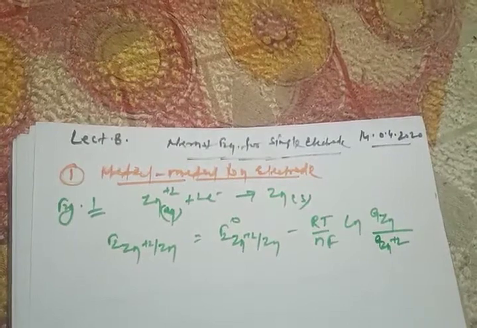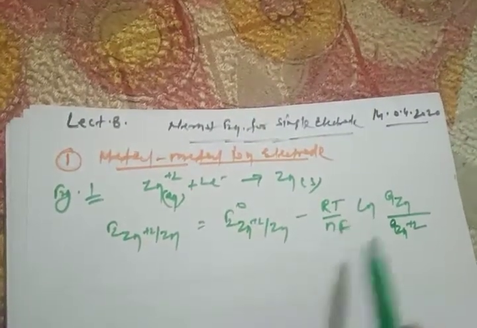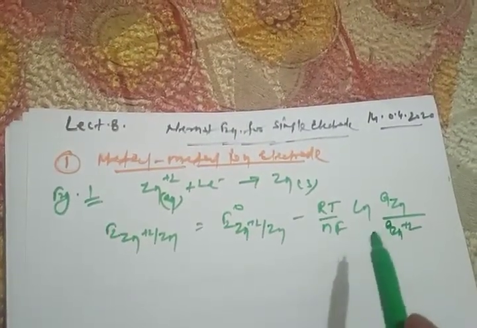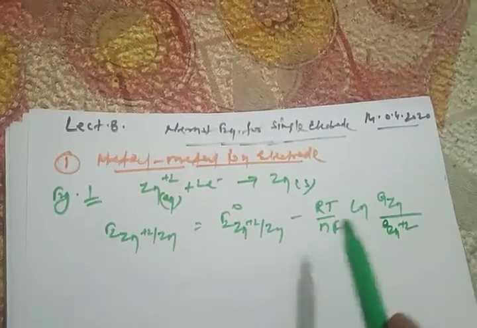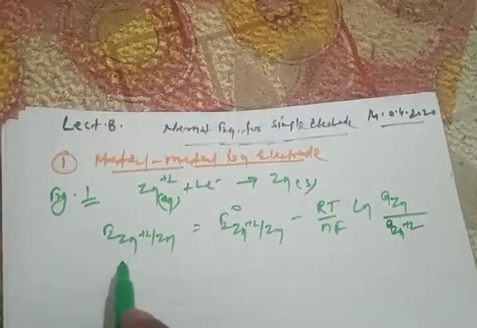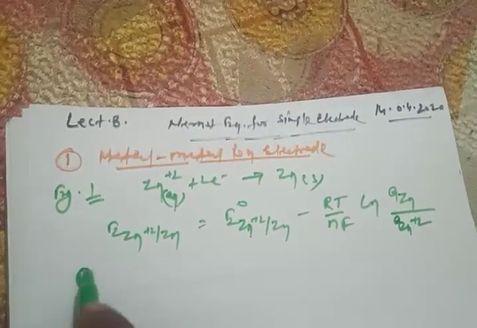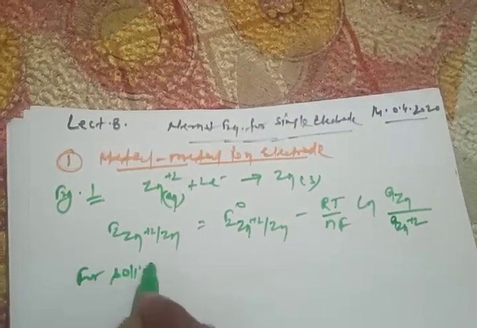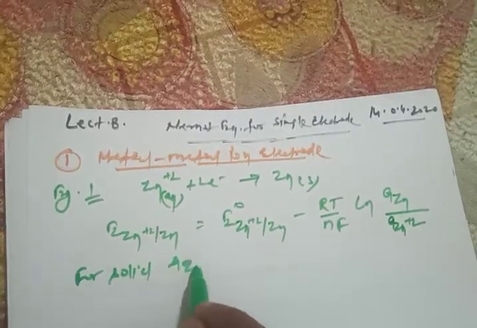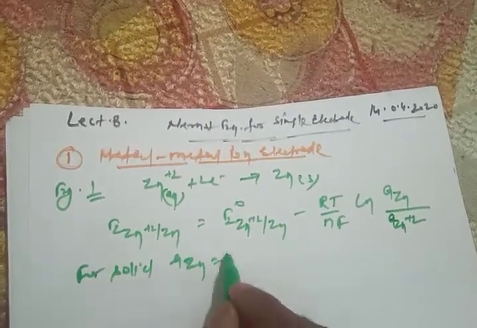Now, if we put in the values along with the change from natural logarithm to log, the equation will change. We had already discussed this. And for the solid case, we all know that for a solid the activity will be 1 only, that means unity.